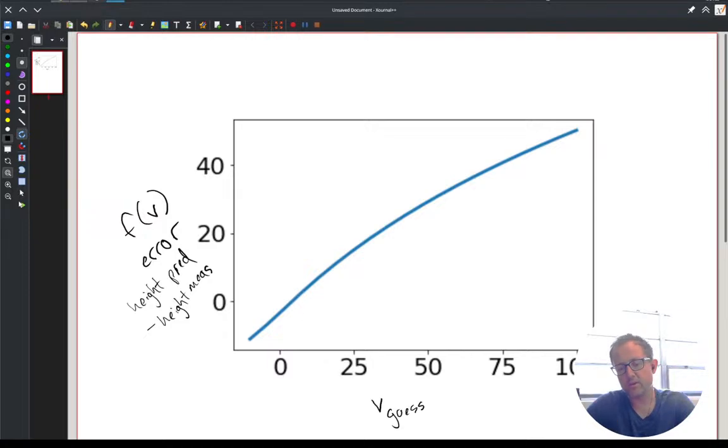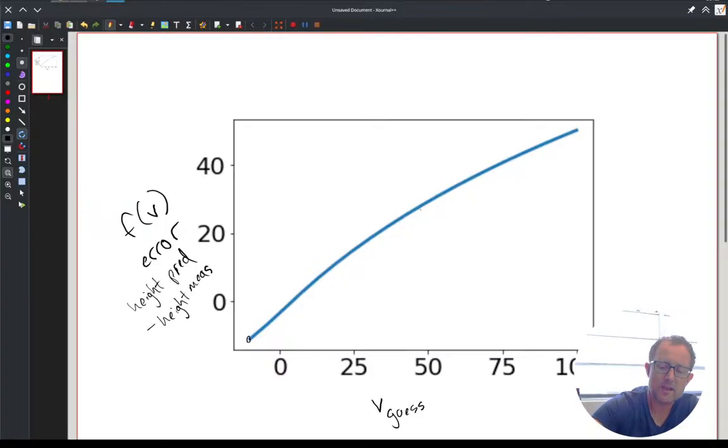And I evaluated all these velocities. There were only 20 of them, but I calculated the error for each of them just so I could get a sense of what's happening here.